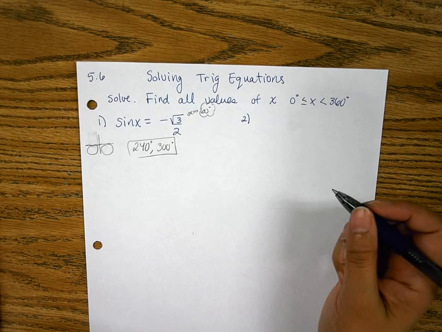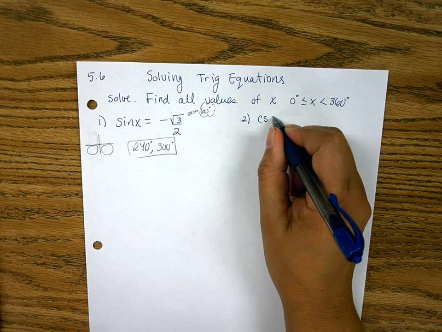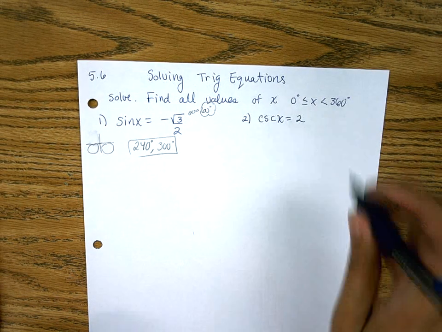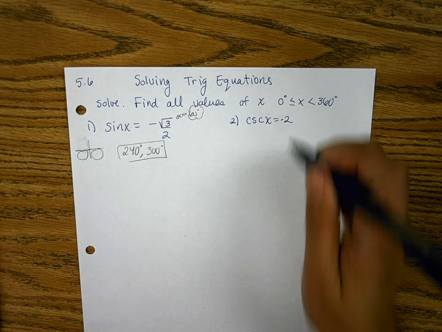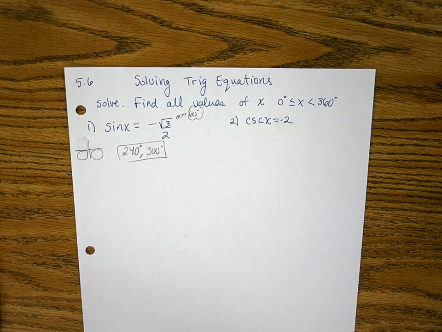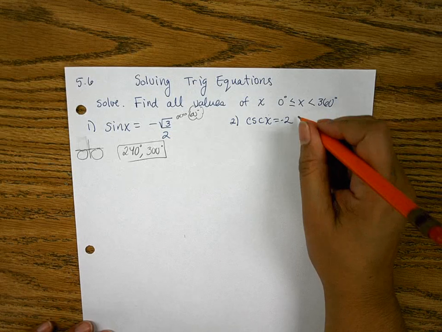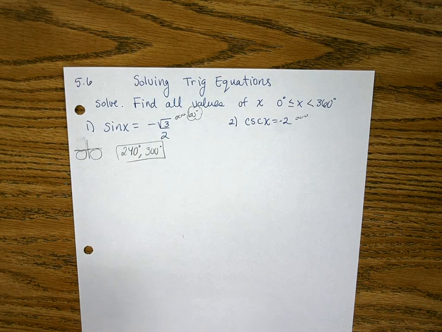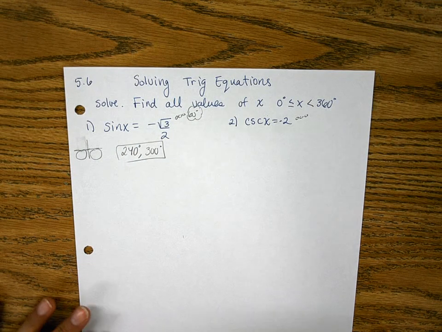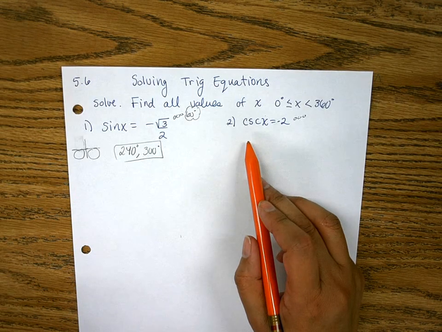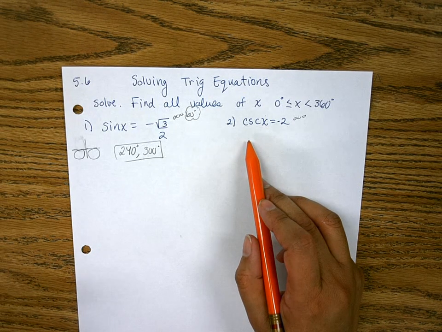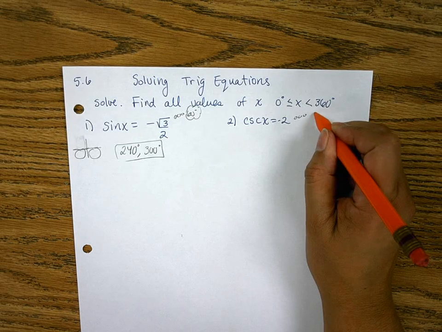Okay, moving on. Number 2. Cosecant of x equals 2, and I'm going to make that a -2. Cosecant of x equals -2. So you're thinking here, what's my reference angle? Sine of what angle is 1/2, ignoring the negative, since cosecant's the reciprocal of sine.